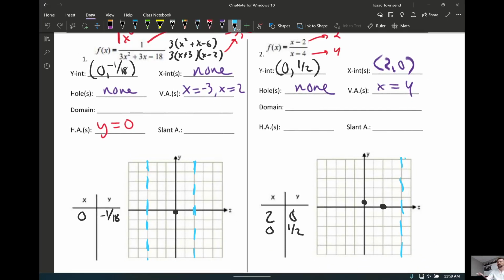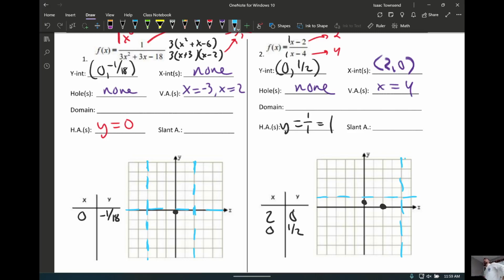That's an asymptote, so we need to graph it as a dashed line. It will help us with our graph. In question 2, the degrees are equal, so y equals leading coefficient 1 over leading coefficient 1, which reduces to 1, of course, and then we can add that to our graph.